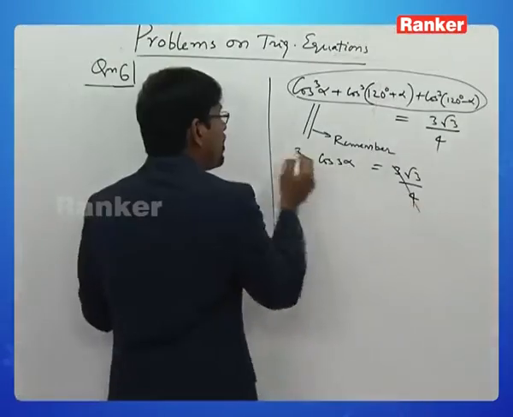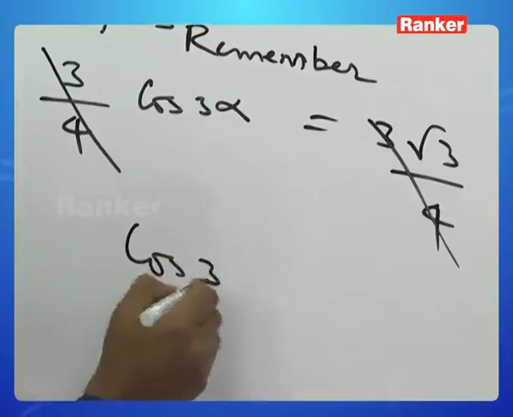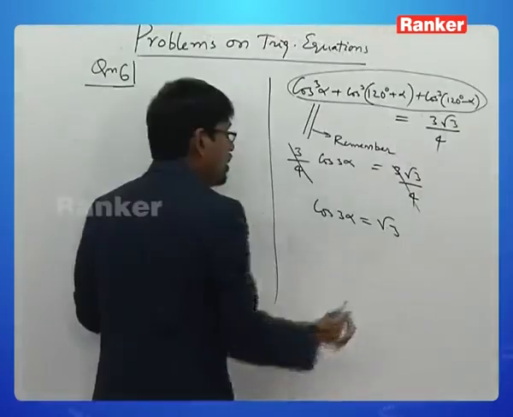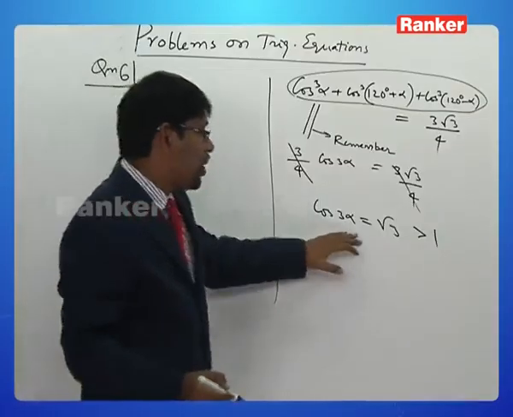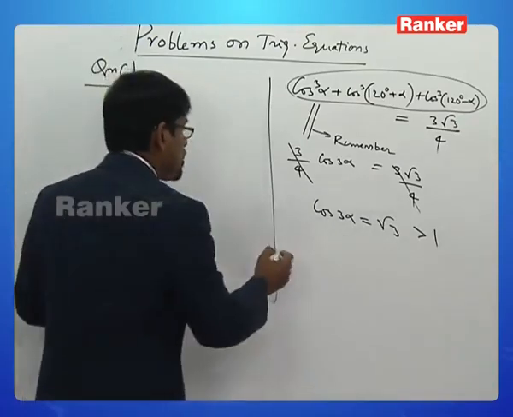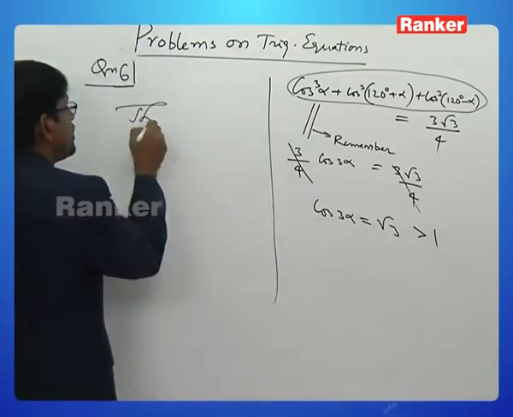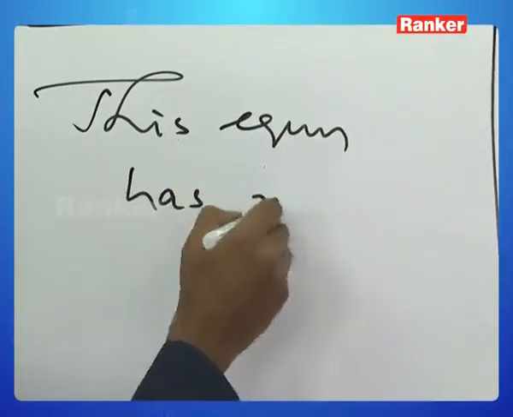Now this 3 by 4 will cancel. So what are we getting here? Cos 3 alpha is equal to root 3. Root 3 is a number greater than 1. So can cos of any number be greater than 1? No. So that means this equation has no solution.